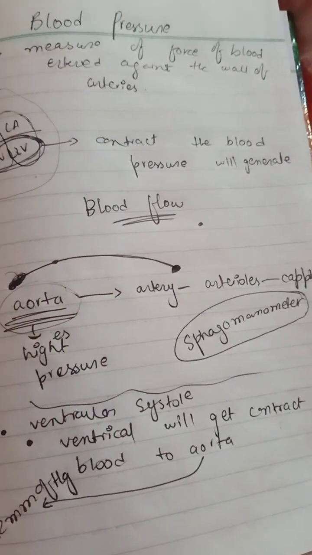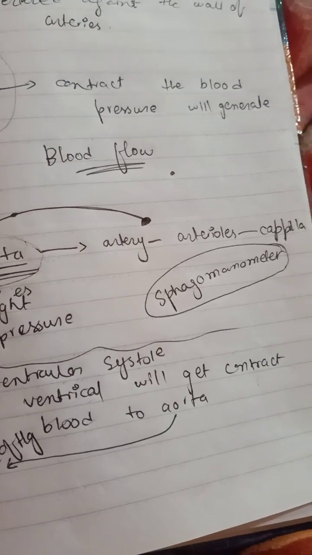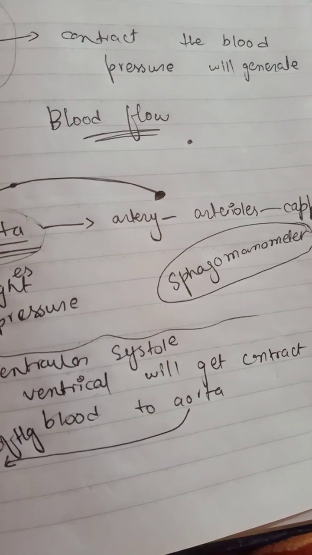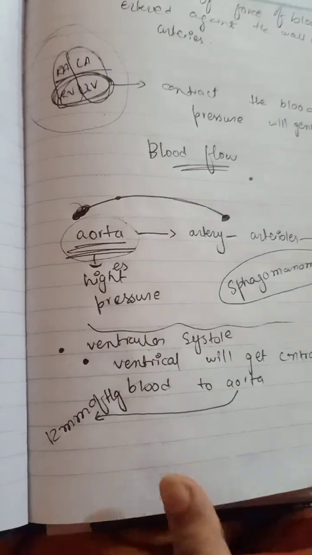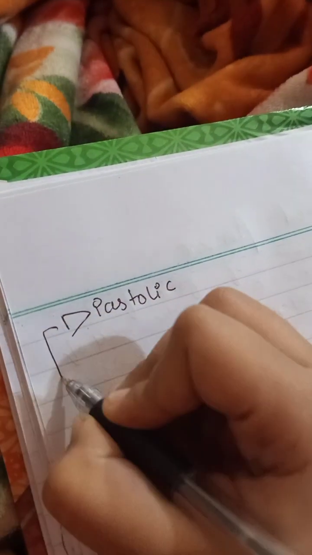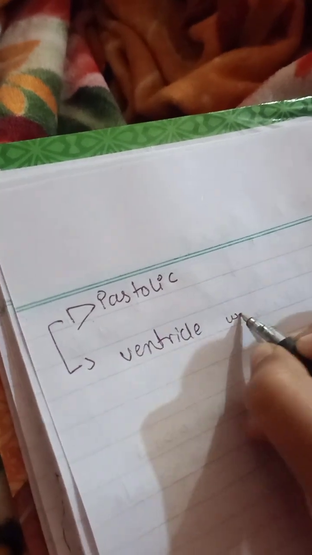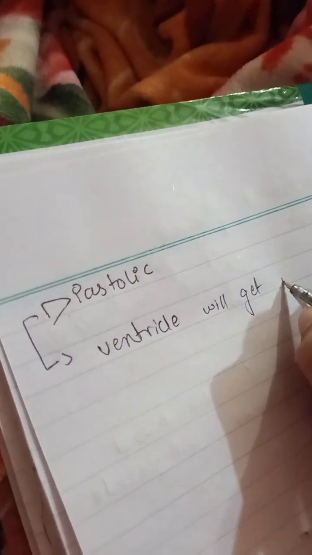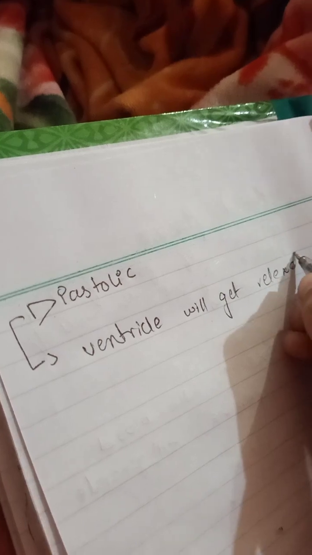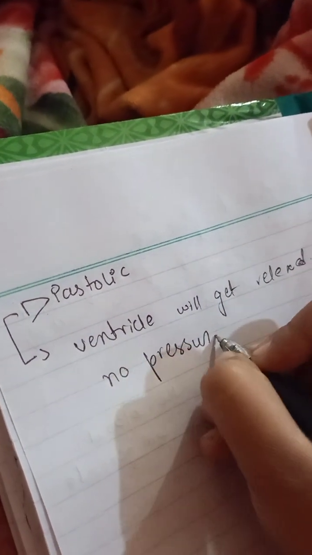After that, the next thing we have is ventricular diastole. In diastole the ventricles get relaxed. So here no pressure will be generated because the ventricles are relaxed.